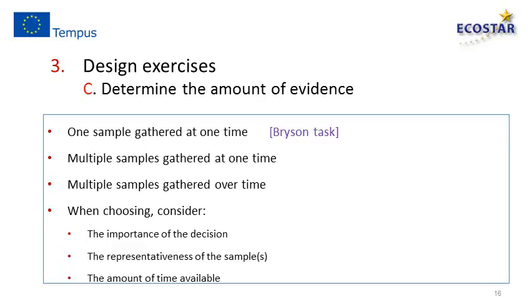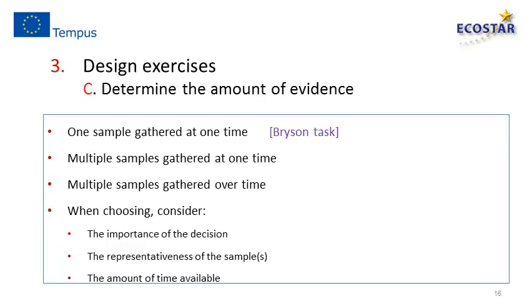When you decide what type, how much evidence you think you require, you have to think about the importance of the decision. The more important, the more high stakes the decision, the more evidence you need. You want to have as many samples of performance as possible to make a reliable assessment.